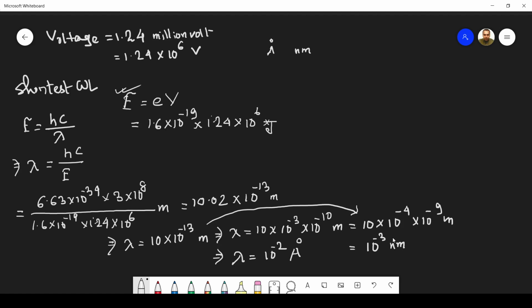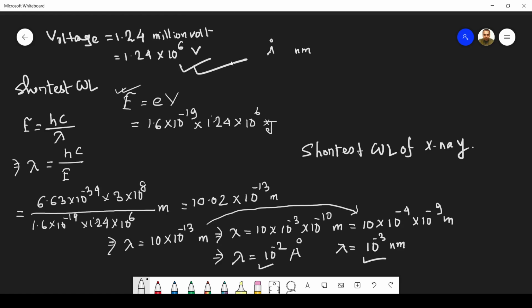So we can write the wavelength as 10 to the power minus 3 nanometer. Both values are correct: 10 to the power minus 2 angstrom or 10 to the power minus 3 nanometer. This is the shortest wavelength of the X-ray photon generated upon the application of 1.24 million volt.